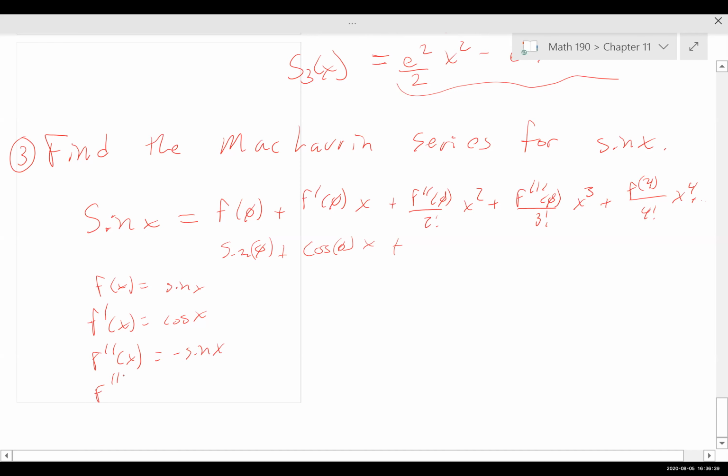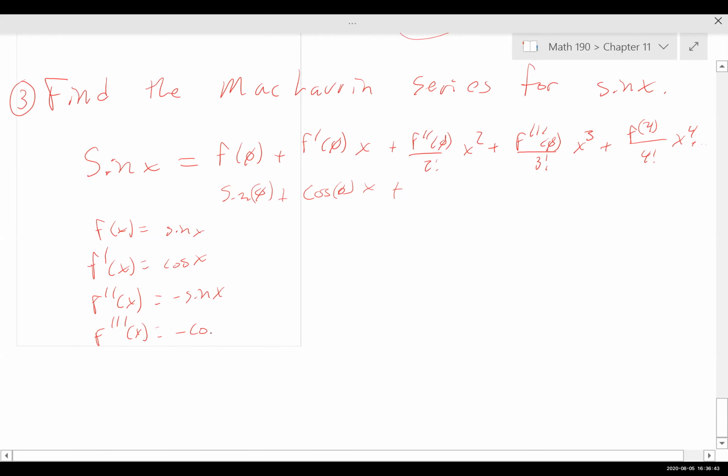If I take the third derivative, that becomes negative cosine x. And if I take the fourth derivative, I'm all the way back to sine x again. Does that make sense? So this is going to cycle through every 4 derivatives. Every fourth derivative, I'm going to go back to my original one.